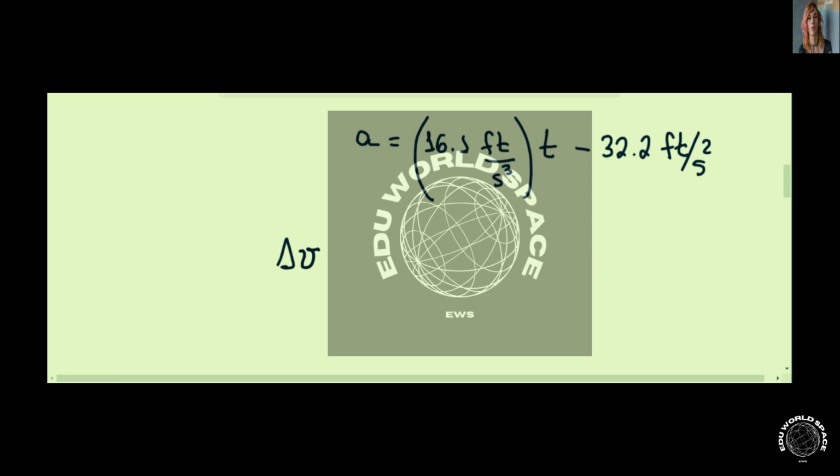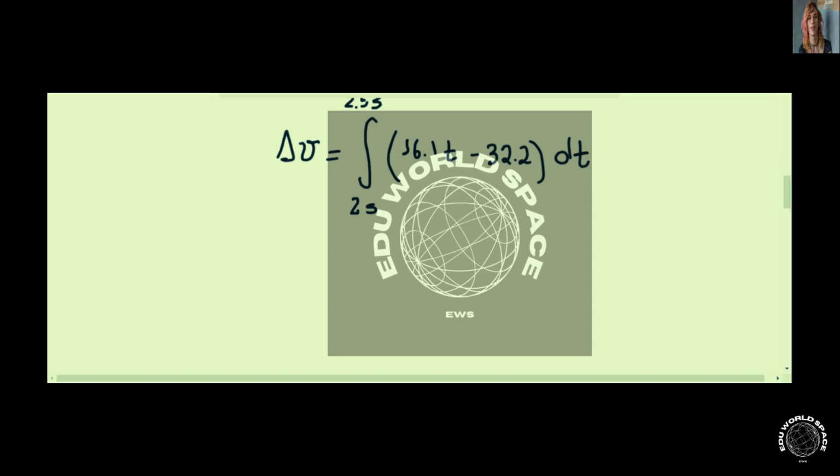And the variation in speed is equal to the integral from t0, which is 2 seconds, to the final t, which is 2.5 seconds, of a, that's 16.1 times t minus 32.2 times dt.